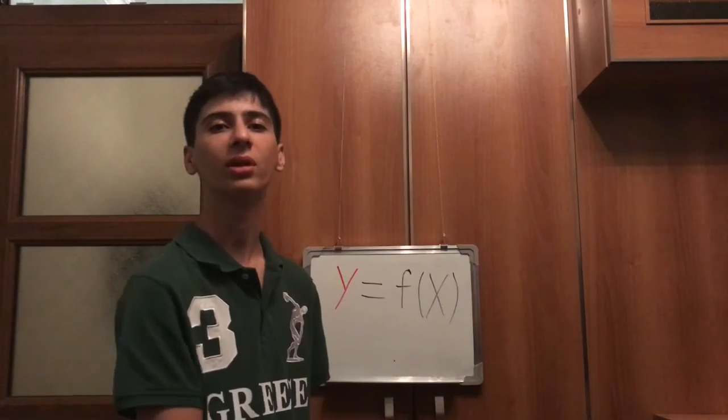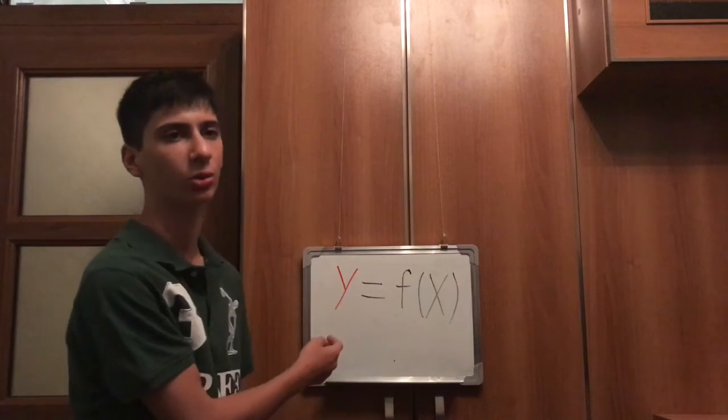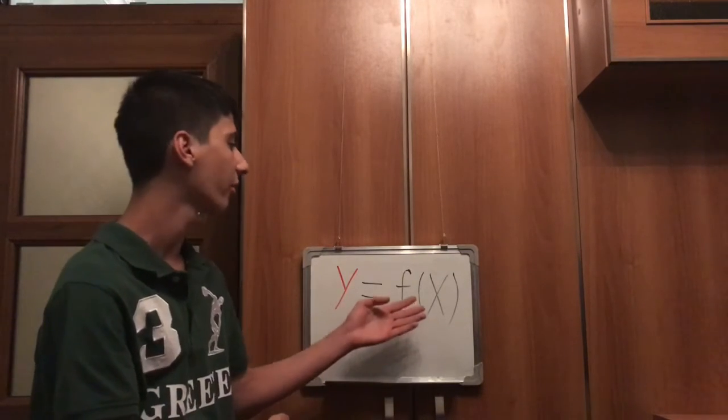Independent variables change without paying attention to other variables, while dependent variables depend on the values of other variables. Okay, let's bring an example. In this example, x is an independent variable, while y is a dependent one because it depends on the value of x.